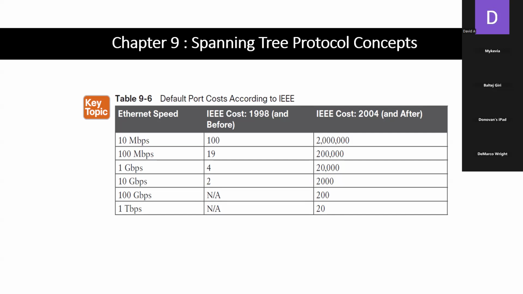If we're talking about spanning tree, switches have a default bridge ID based on their default priority value, and of course that MAC address that's uniquely assigned to that device.